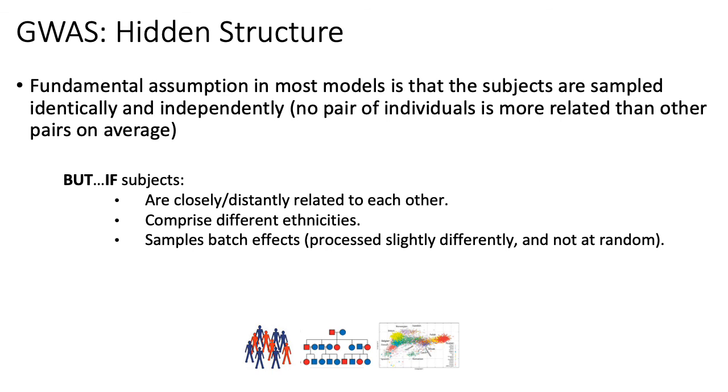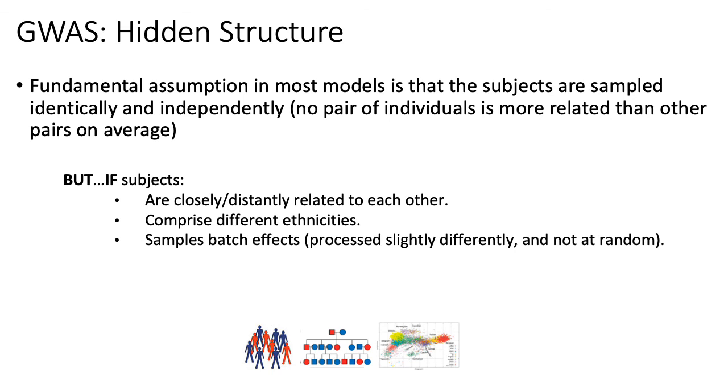And so, just to harp on this point further, underlying a lot of these methods like line fitting is a fundamental assumption that, when you're fitting lines, each individual represented by a point is sampled what's called identically and independently from each other. Essentially the idea is that no pair of individuals is more related than other pairs on average, right?